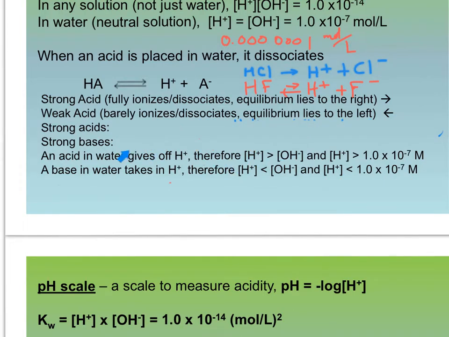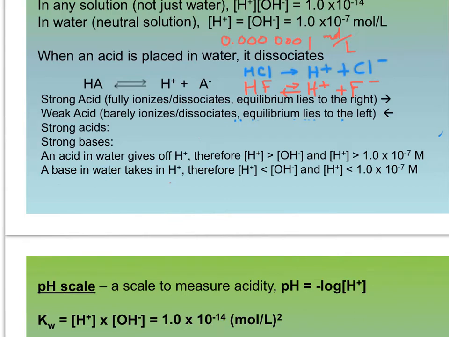So if I put an acid in water, it gives off H pluses. So the H plus concentration is higher than the OH minus concentration, which means the H plus concentration is higher than 1.0 times 10 to the -7th molar. Similarly, if I take a base and put it in water, remember bases either give off OH minuses or take in H pluses, right?